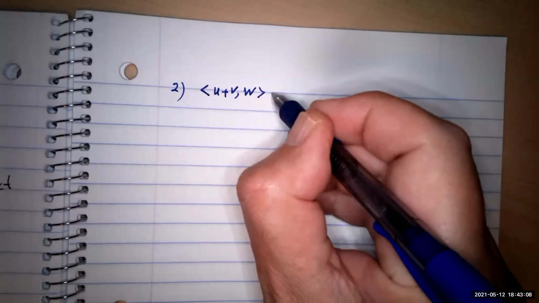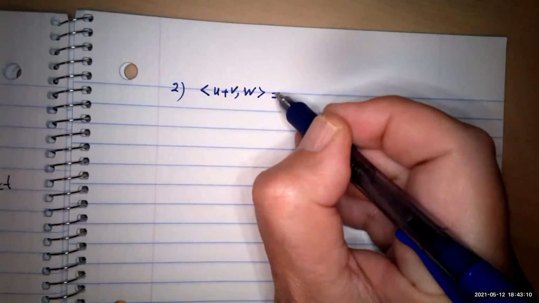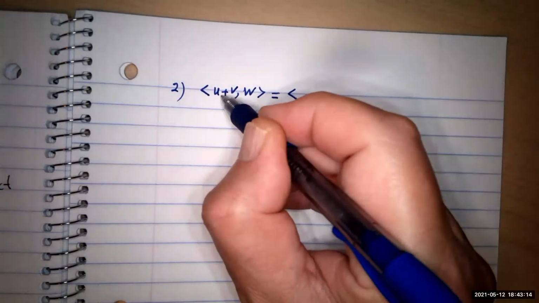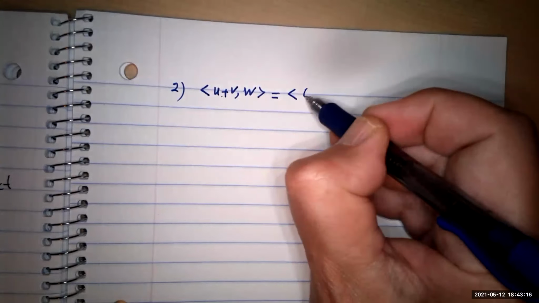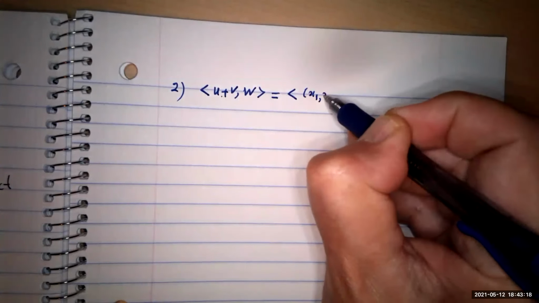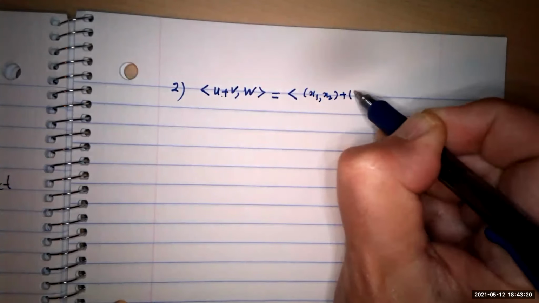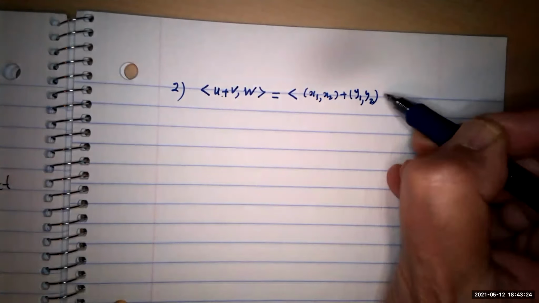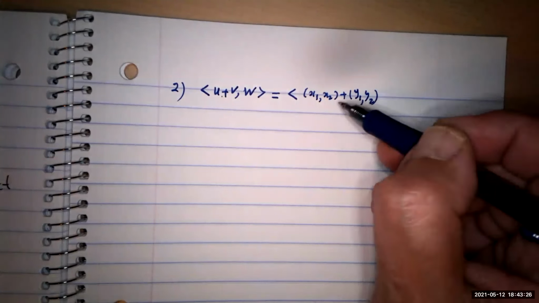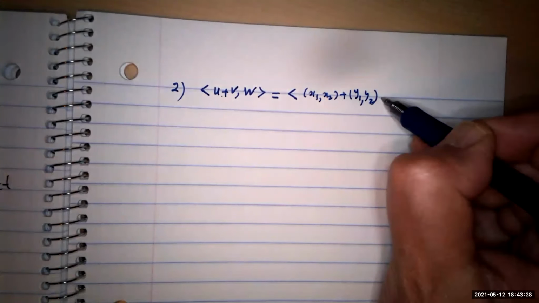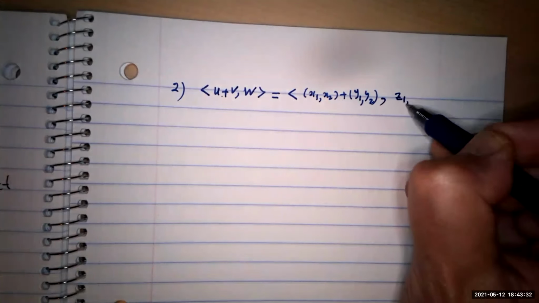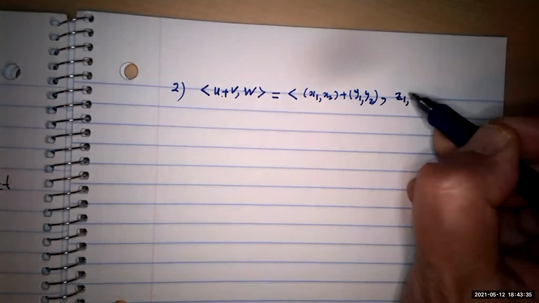So the first vector is x1 comma x2 plus y1 comma y2, and this is the first component. The second component is w, the one that we call z1 comma z2.